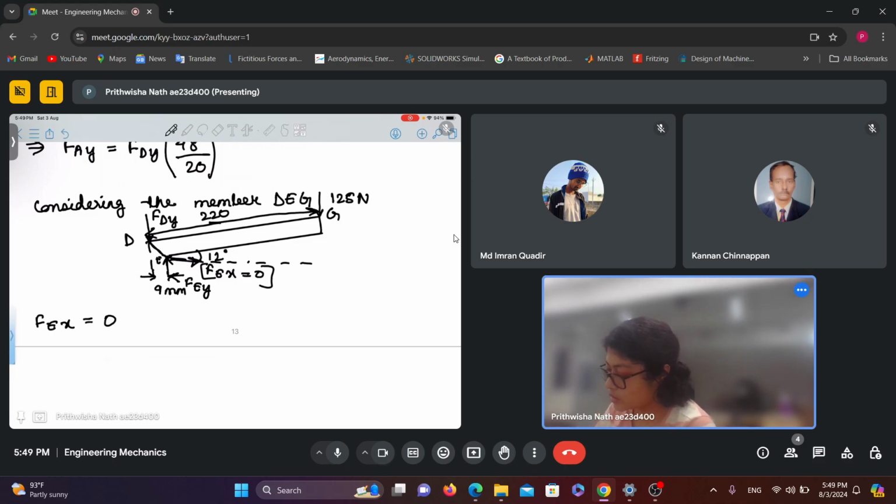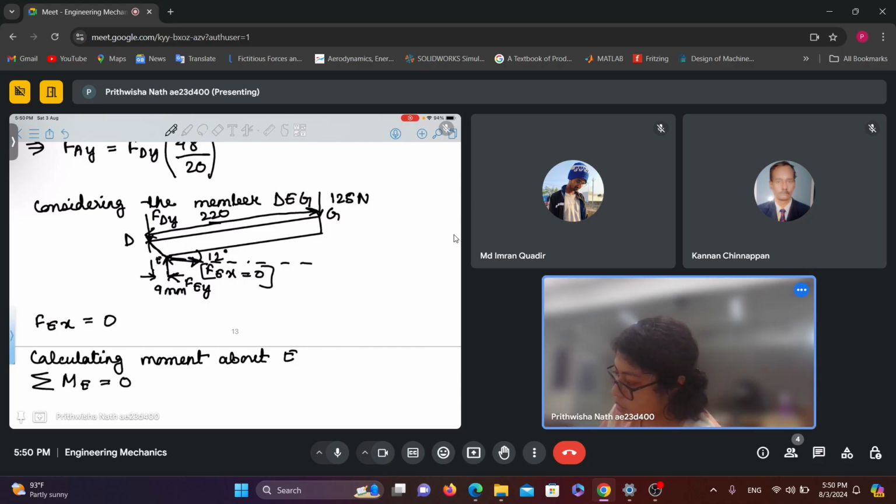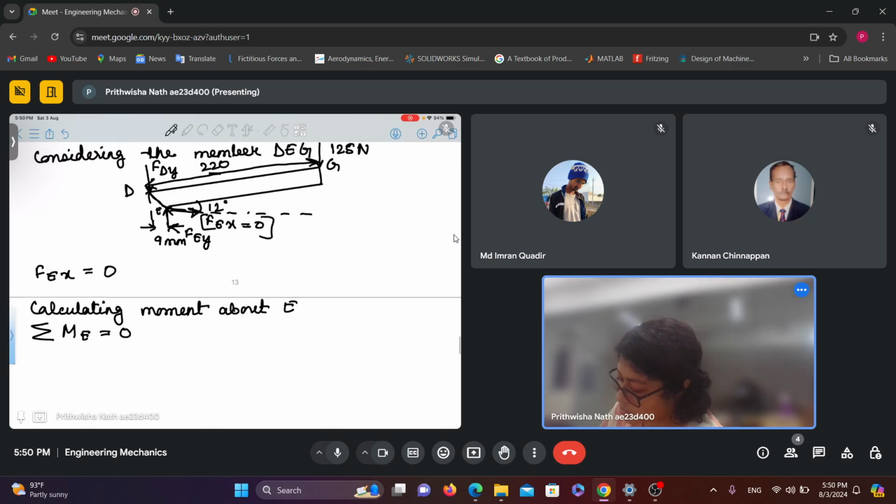Now we will consider moment about the point E. Calculating moment about E. So FDY into, can someone tell me what should be the distance?